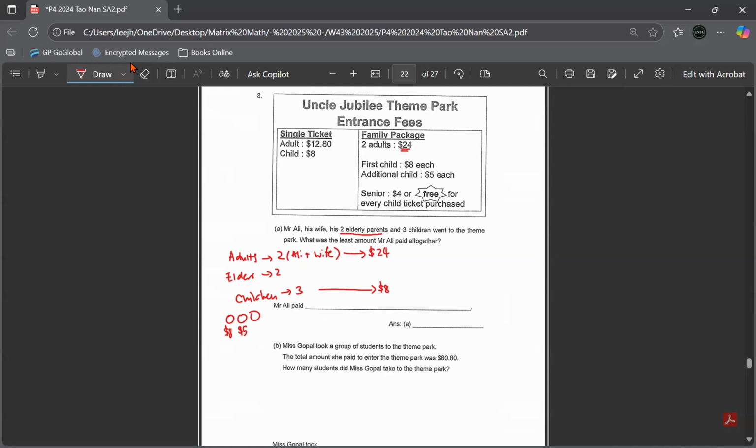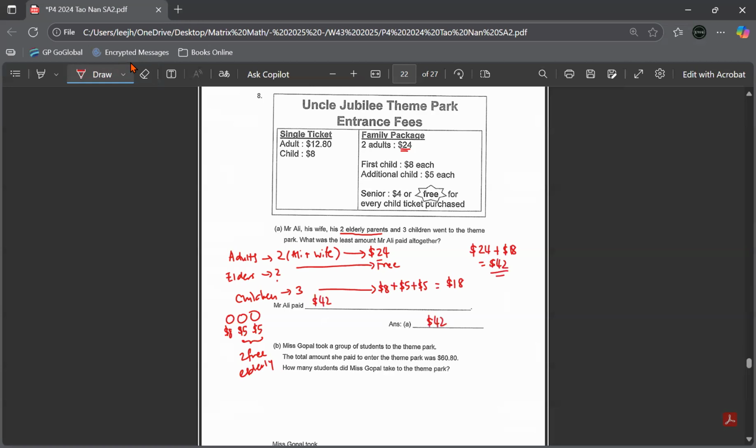So when I buy every child ticket, I get one free elderly. So here you can get two free elders. So these two elders are actually free. So you have to plus five, which is $18. So total paid will be 24 plus 18, $42. So Mr. Ali paid 42.